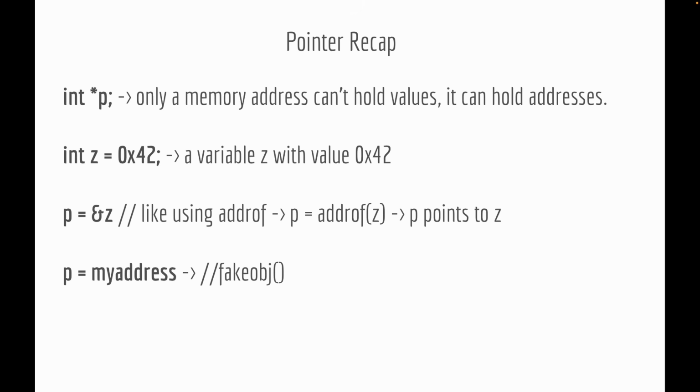Then you could have variables which contain a value, and variables also have an address, and you can get them with the ampersand, which is like using address-of. Or you can manipulate the pointer by putting a new address inside it, and that's a kind of fake object idea.